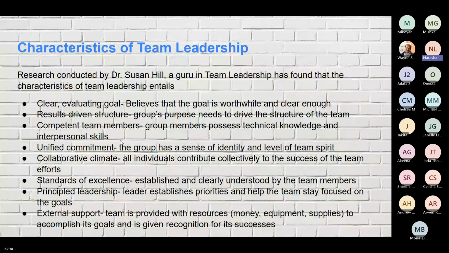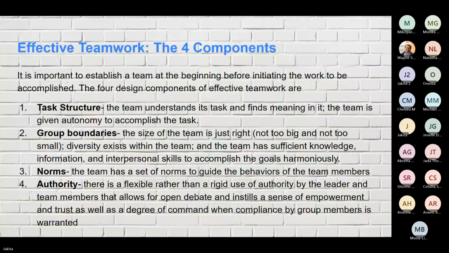We're going to look now at effective teamwork and the 4 components that make this up. It is important to establish a team at the beginning before initiating the work to be accomplished. To achieve this, the 4 design components of effective teamwork are as follows. 1, the task structure.